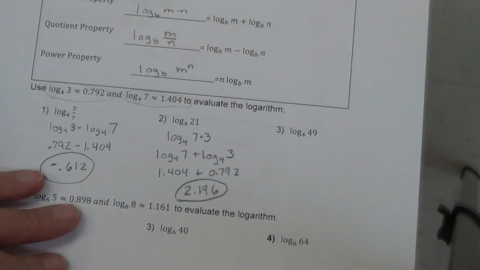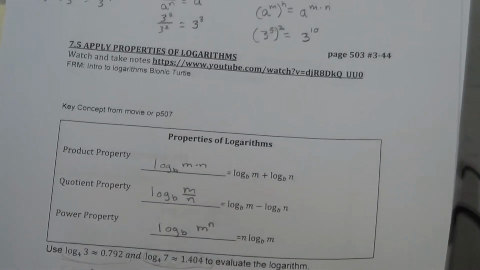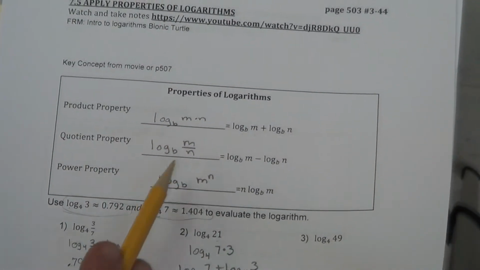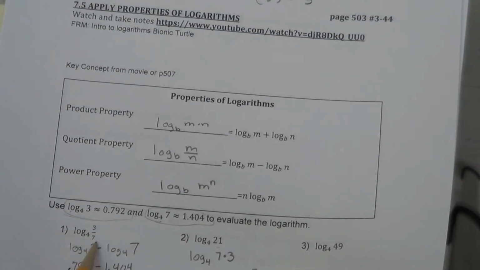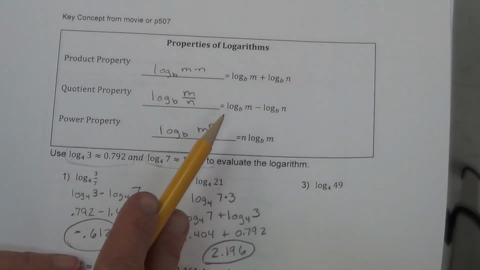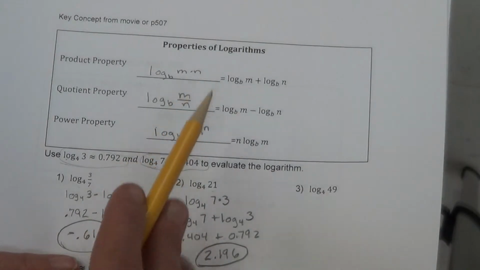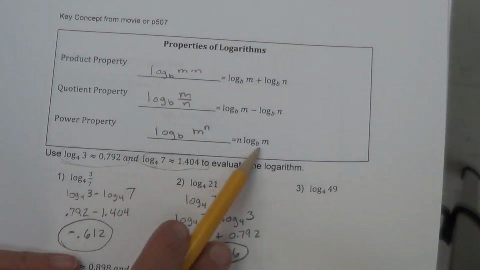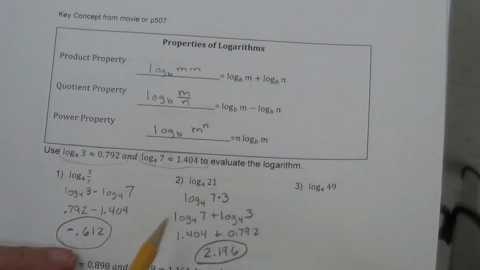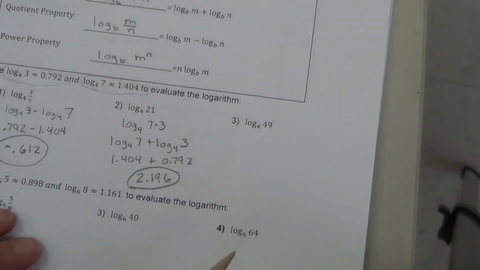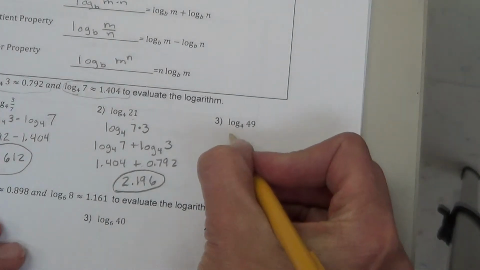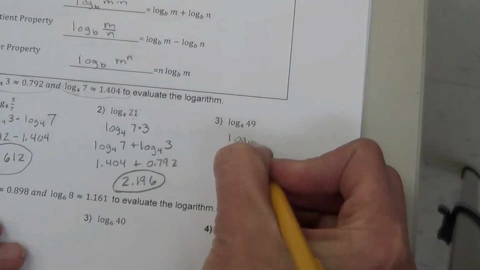Okay, so we've practiced each one of these rules so far. We've done a subtraction, which was division. And then we've done addition, which was the multiplication. So the last one here is if we have it raised to a power. Let's see if this is a perfect power. It does happen to be.